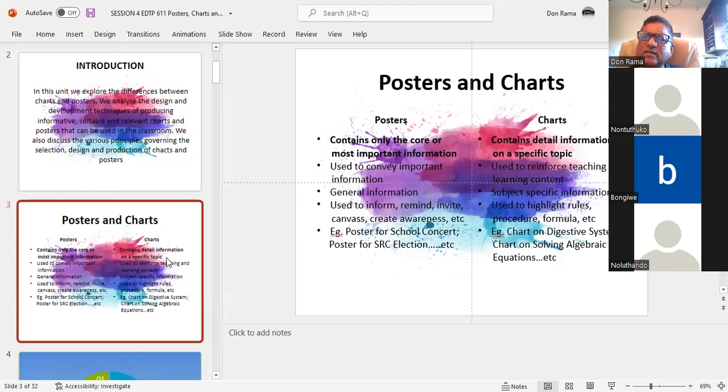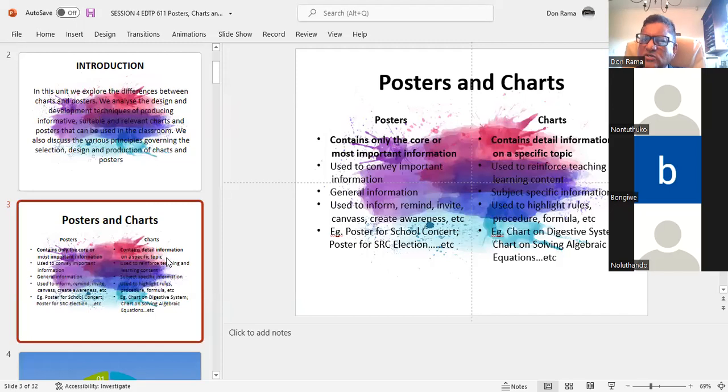Now, charts are made, for example, in mathematics, if you want the learners to remember the theorem of Pythagoras, right? So you would make a chart of the theorem of Pythagoras and the formula for the theorem of Pythagoras, and you would stick it on the chartboard so that learners can always refer to it and remember the theorem of Pythagoras, right?